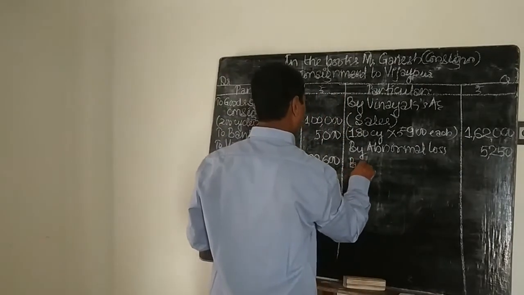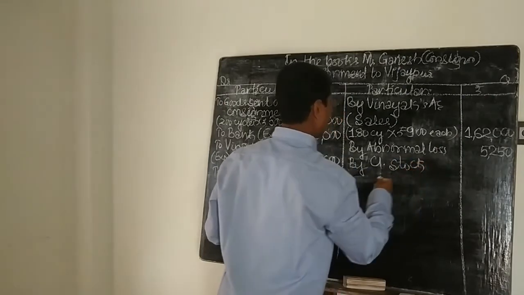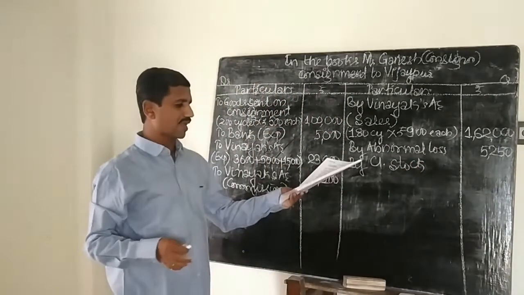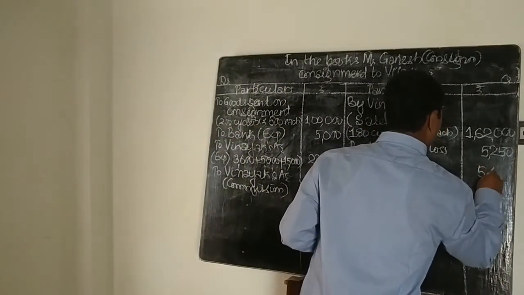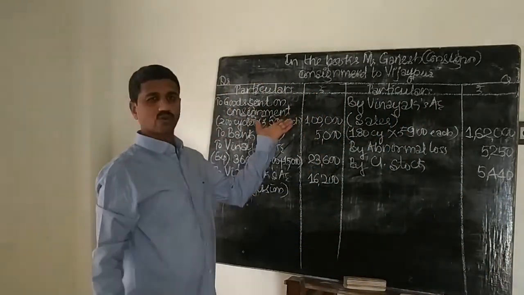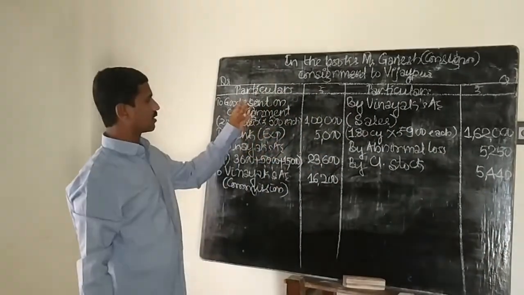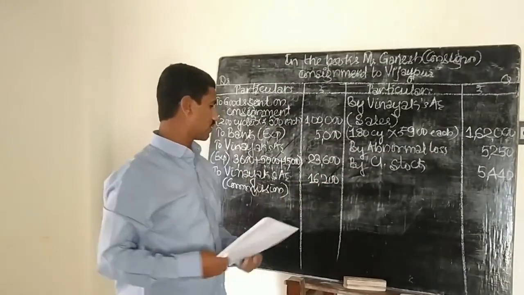Then closing stock. So by closing stock, or you can also write by consignment stock, or by balance carried down, that comes to 5,440 rupees. As the goods are sent at cost price here, there is no need of passing the adjustment entries here.